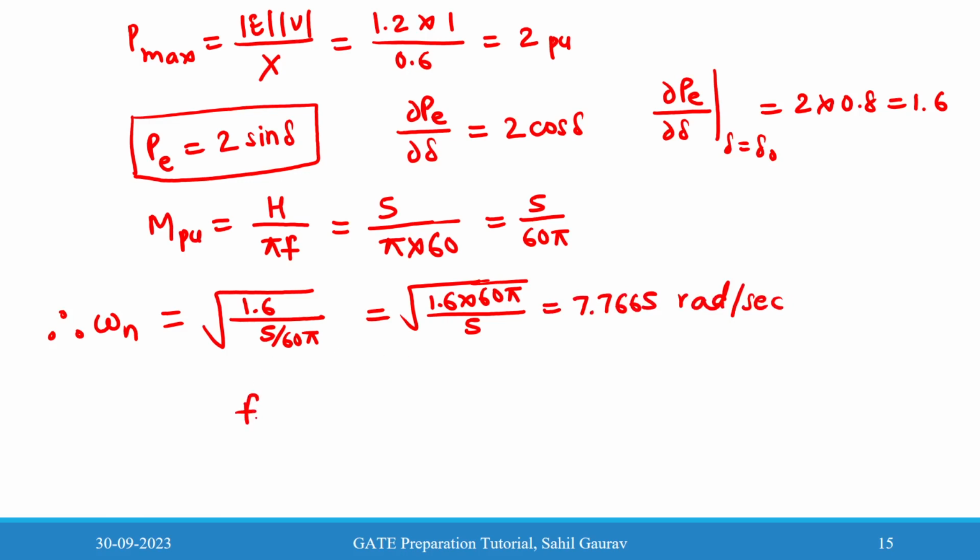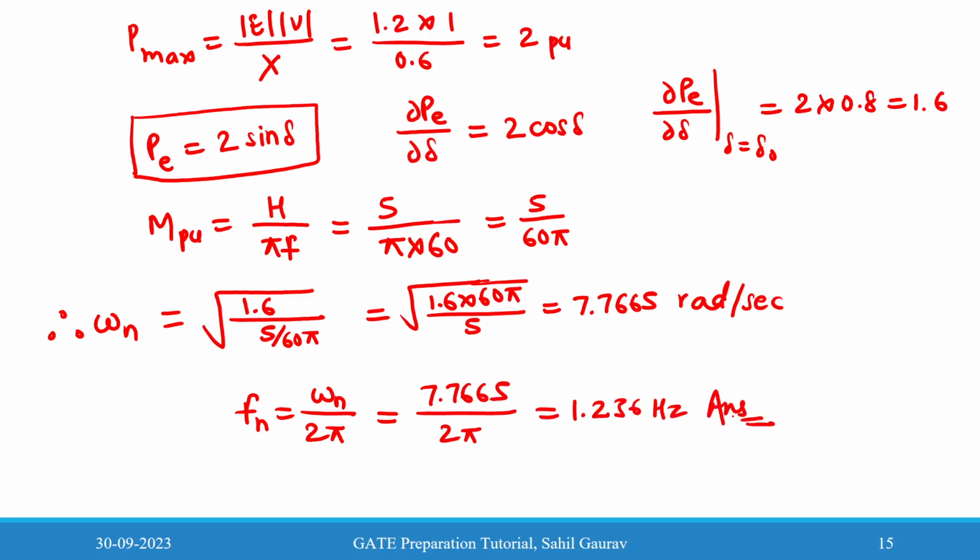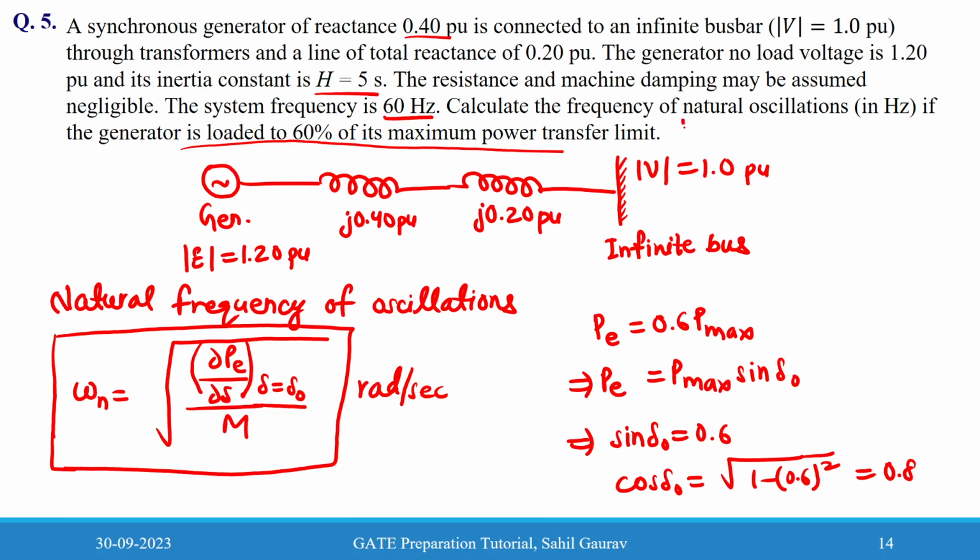Therefore frequency in hertz will be omega n divided by 2 pi, so it will be 7.7665 divided by 2 pi, which is equal to 1.236 hertz. So the answer for this problem is 1.236 hertz.